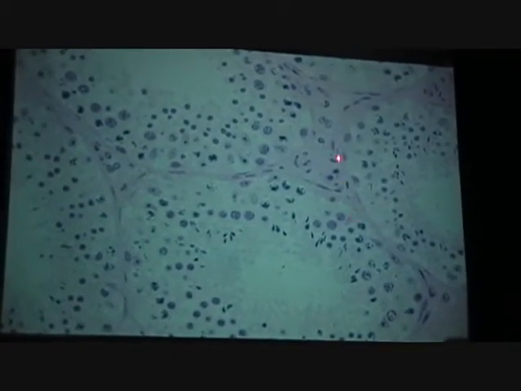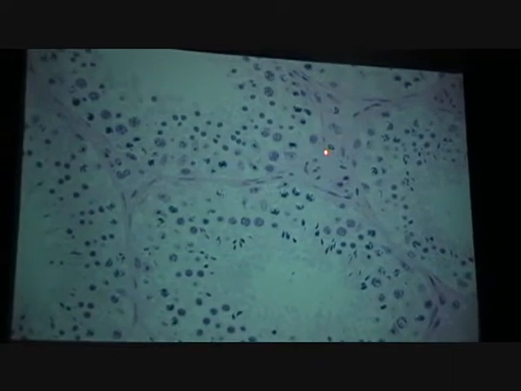One over here, there's a Leydig cell right there. You should know what they're responsible for. Testosterone producers. Primary production of the male sex hormone. All right. Everything you need for testis histology.